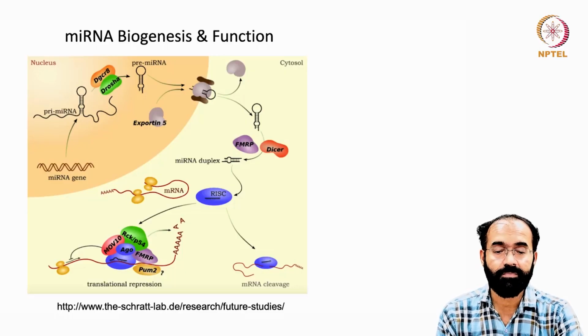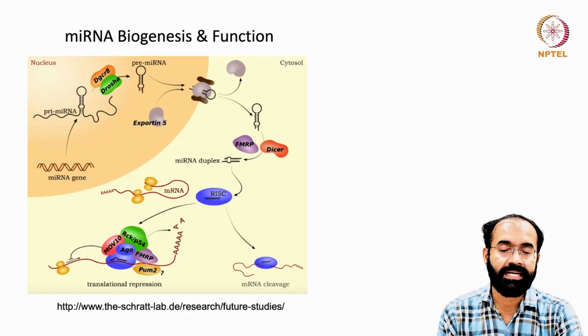In the cytoplasm, the exportin is released back because of the RAN-GTPase cycle, and this pre-microRNA is now acted upon by Dicer along with another protein, FMRP, and you end up getting a microRNA duplex which is 22 nucleotides in length.